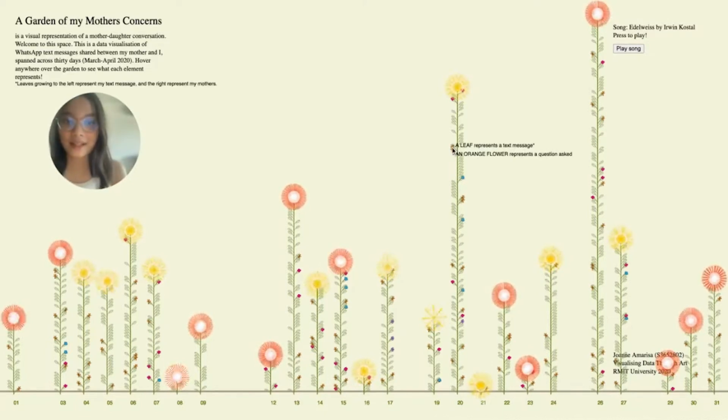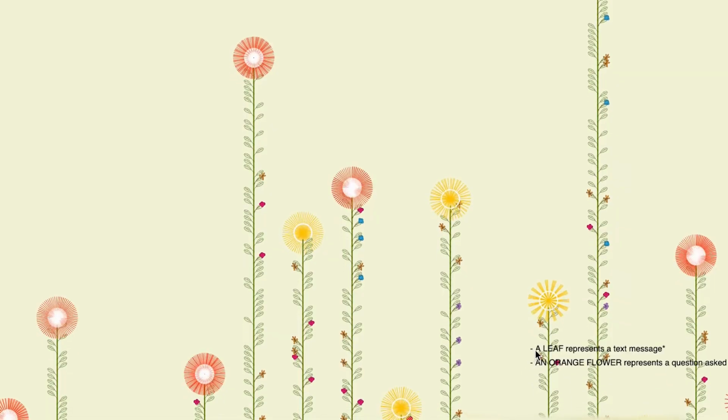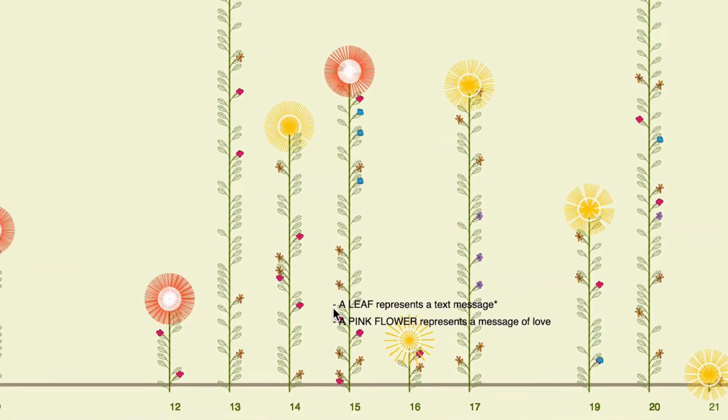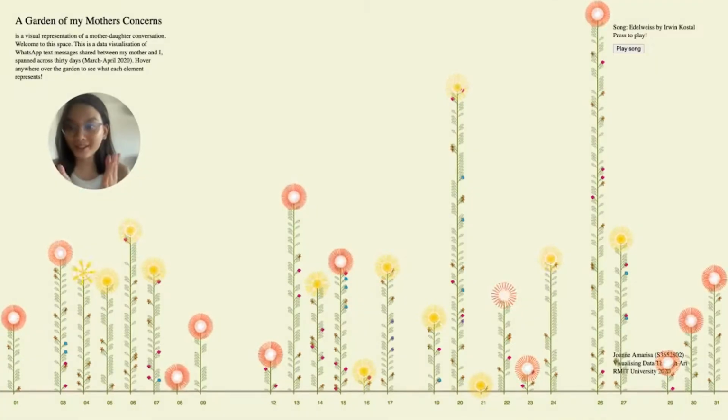So things like asking each other questions, or sending prayers, or saying something along the lines of take care of yourself or take care. That's basically the project, the first ever P5 project that I made, the first ever more intensive creative coding meshed with data visualization project.